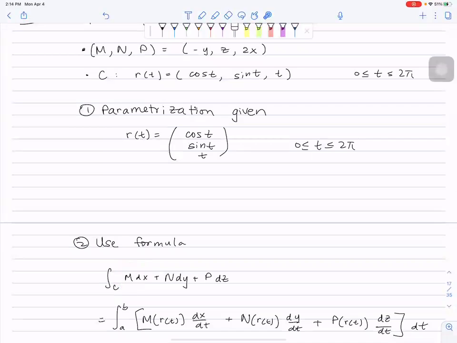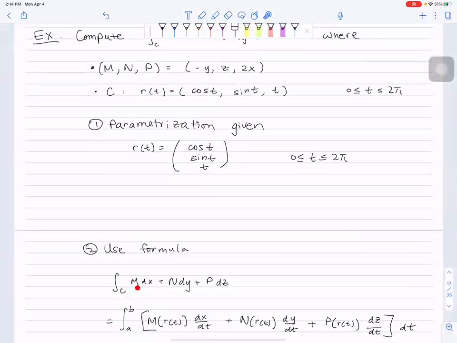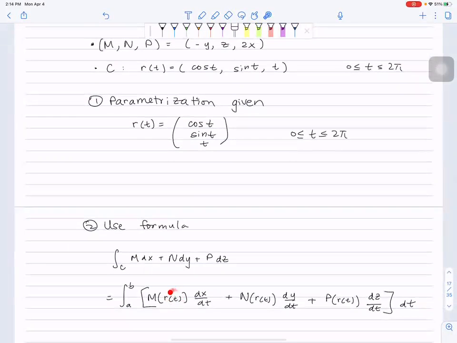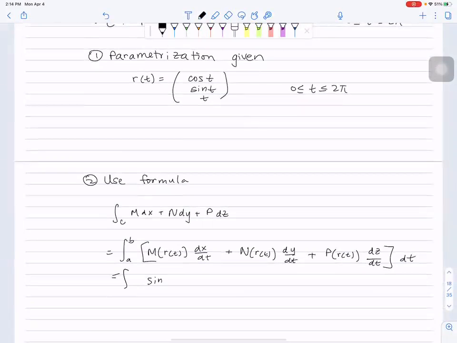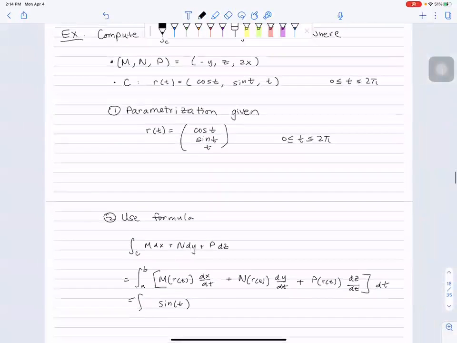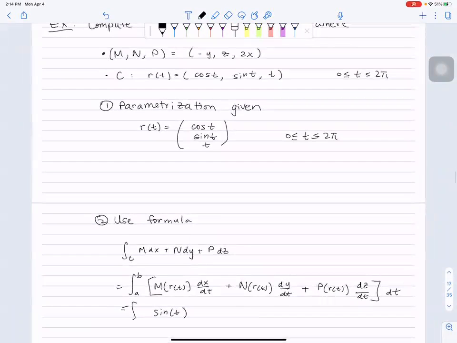First step, parameterize. They already gave it to us. Second step, use the formula. The formula says we want m, and we plug in our parameterization. So m was negative y. We plug in what y was, that was sine of t. Then x was cosine t, and we want to take the derivative, so that's negative sine t.